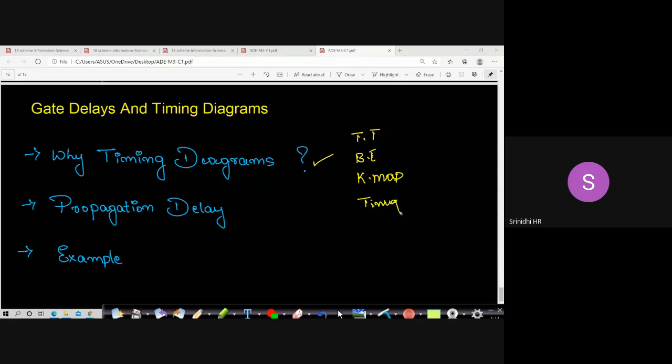This is how your internal circuit looks. Clear observation can be done using your timing diagram. We also just studied what propagation delay is. We'll try to take up an example for timing diagram in your next session.